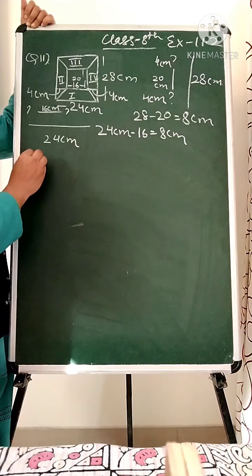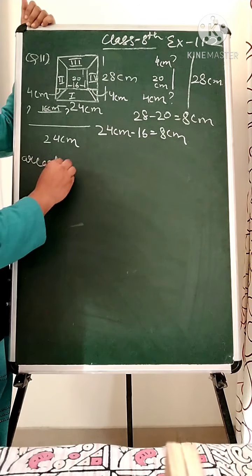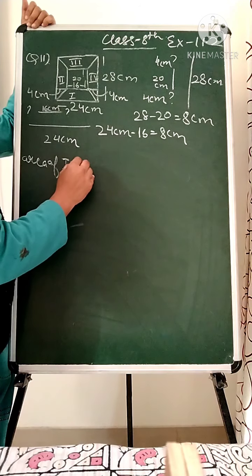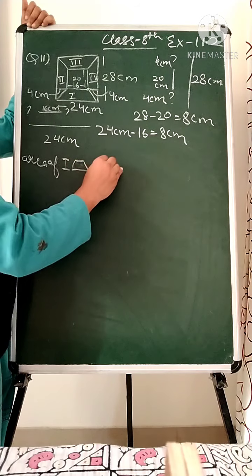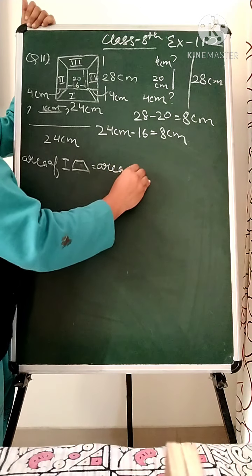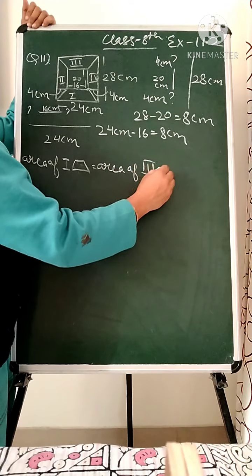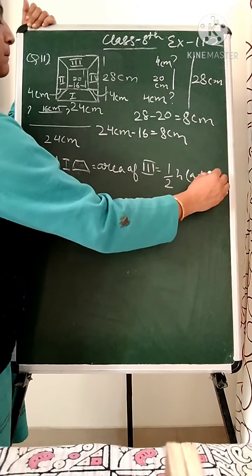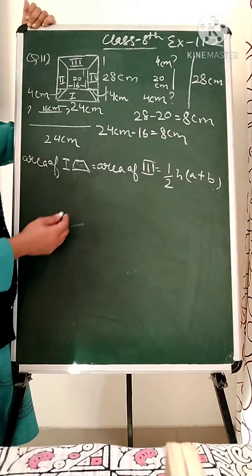Clear? So, area of first trapezium is equal to area of third trapezium, that is 1/2 height into (A plus B). Clear?